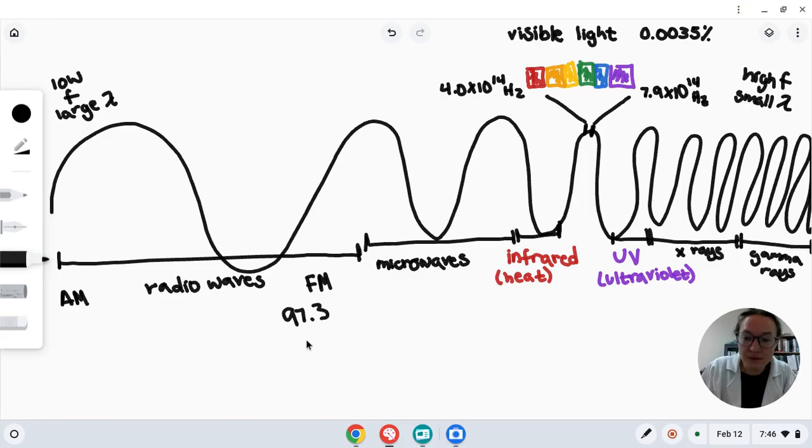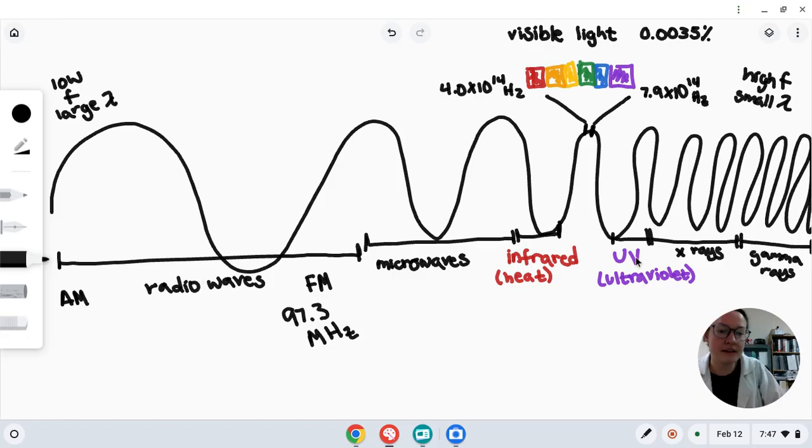That radio station is transmitting radio waves at 97.3 megahertz. 97.3 megahertz. And so that is literally the frequency that you are listening to. And that, ladies and gents, is the electromagnetic spectrum. All of the different types of light, from radio waves all the way up to gamma rays.